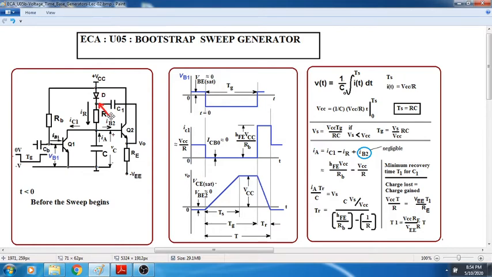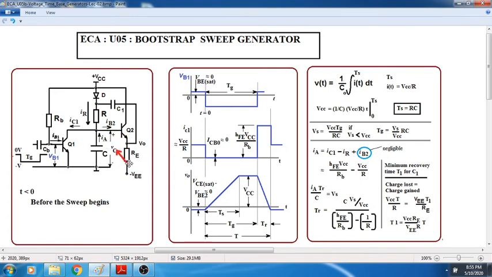We have understood in the previous lecture that we need these two extra components, the diode and a large value capacitor, to ensure the current flows constant through the resistor all the time, while it is tracing and while it is retracing. Obviously we cannot understand the actual function of the capacitor and diode right now at the beginning. So our objective is to understand it as we move forward.